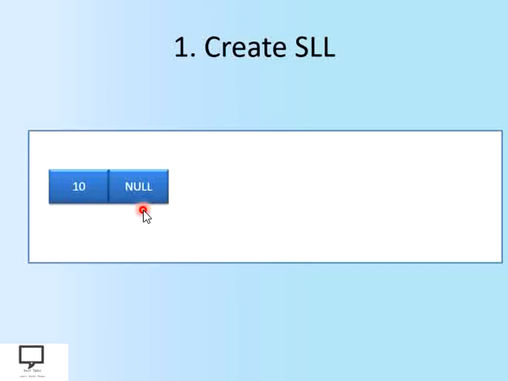So now let's assume all of you know the basics of the linked list, and start with the creation of a singly linked list. What a singly linked list is, I have already explained in the same video. So let's start with the creation of a node.